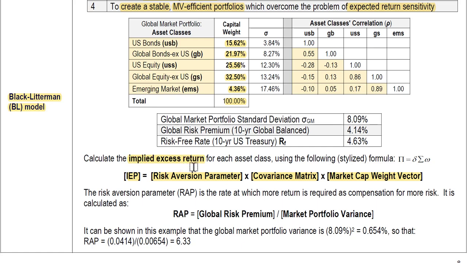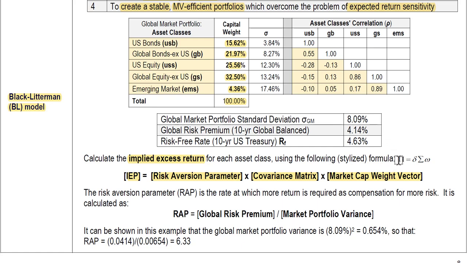It's excess return, meaning additional to the risk-free rate. So if I can get the implied excess return from the covariance matrix, the market weight, and the risk aversion parameter, all I need to do is add that to the risk-free rate and I can get the expected return for each asset class, because these are the matrix and vector.